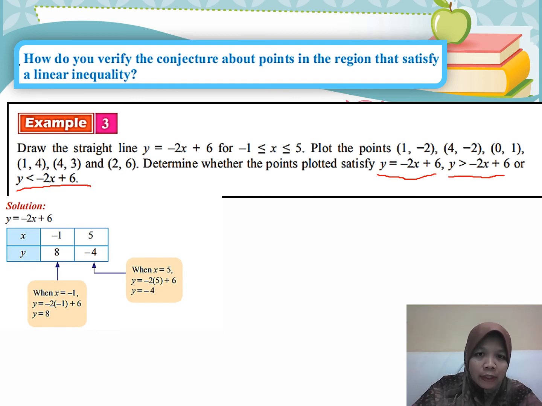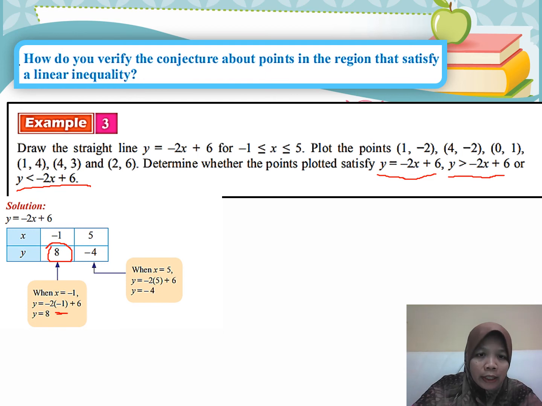So we take negative 1. When x equals negative 1, you substitute into the equation: y equals negative 2 times negative 1 plus 6, then you get y equals 8.